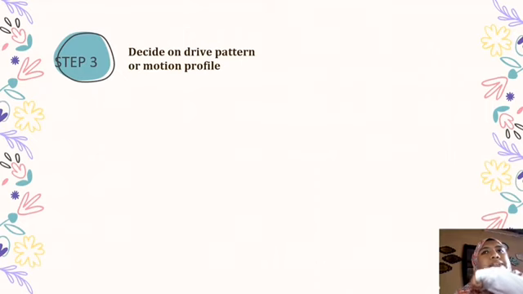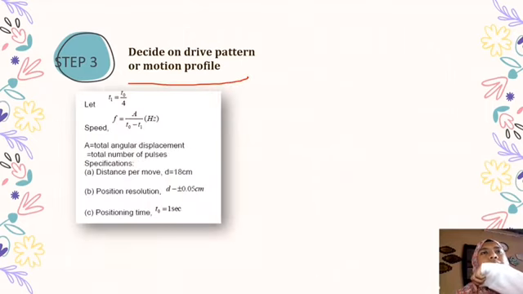For step 3, decide on drive pattern or motion profile, which is let T latest equal to T older over 4, then speed F equal to A over T older minus 2 T latest will be our answer, and A equal to total angular displacement, and A equal to total number of pulses.